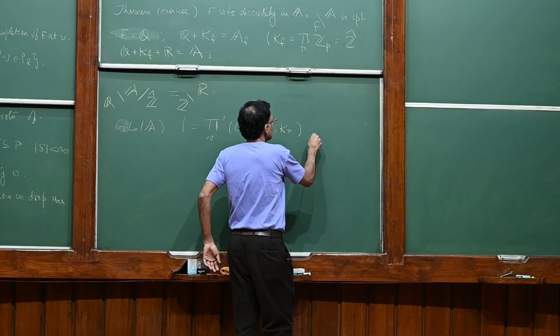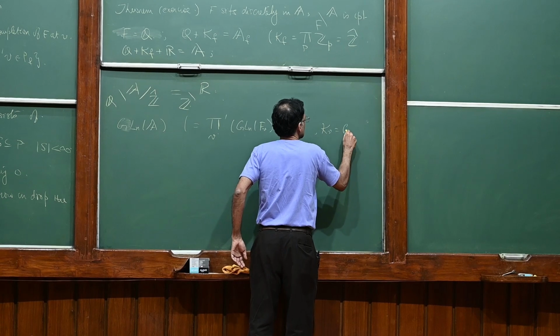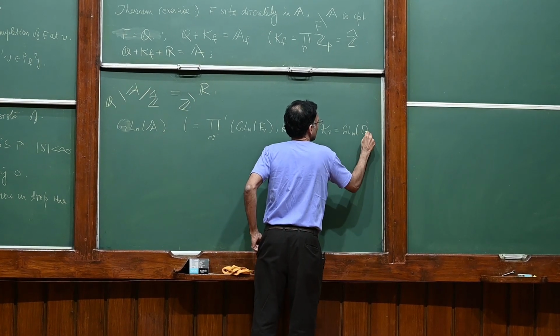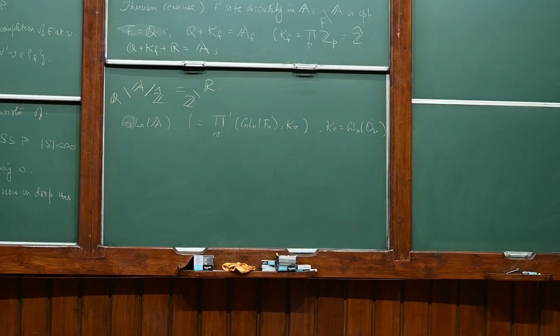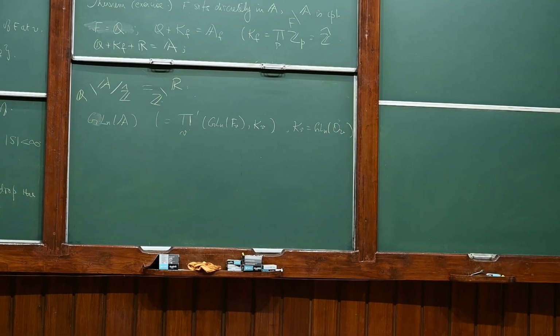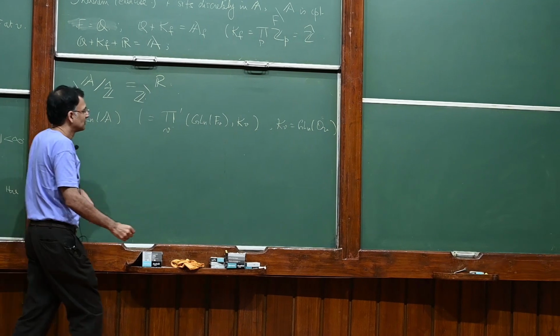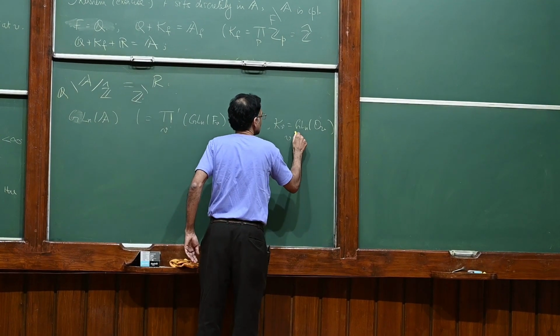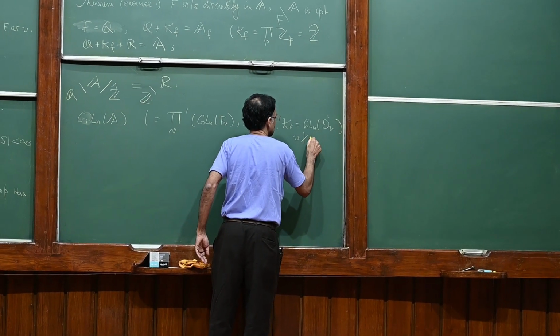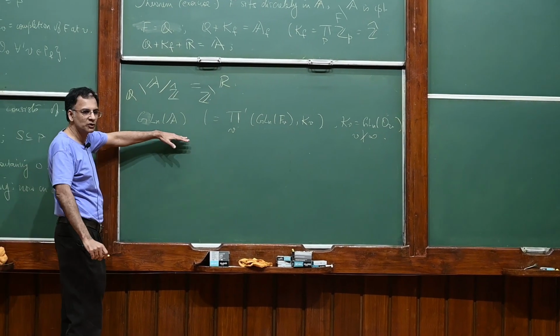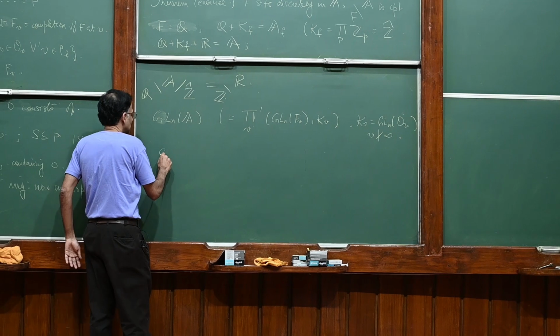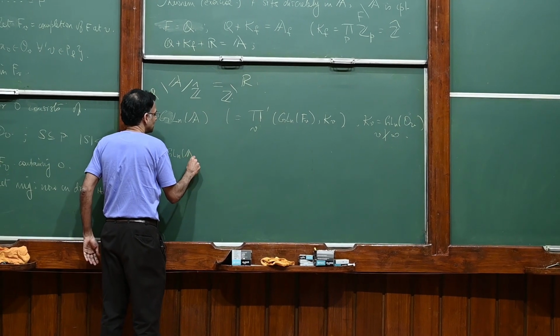What is Kv? Kv is of course GLn(O). And that's a maximal compact subgroup at all the finite places v. So we are actually going to view this as sitting as a closed subgroup inside some larger SLN.